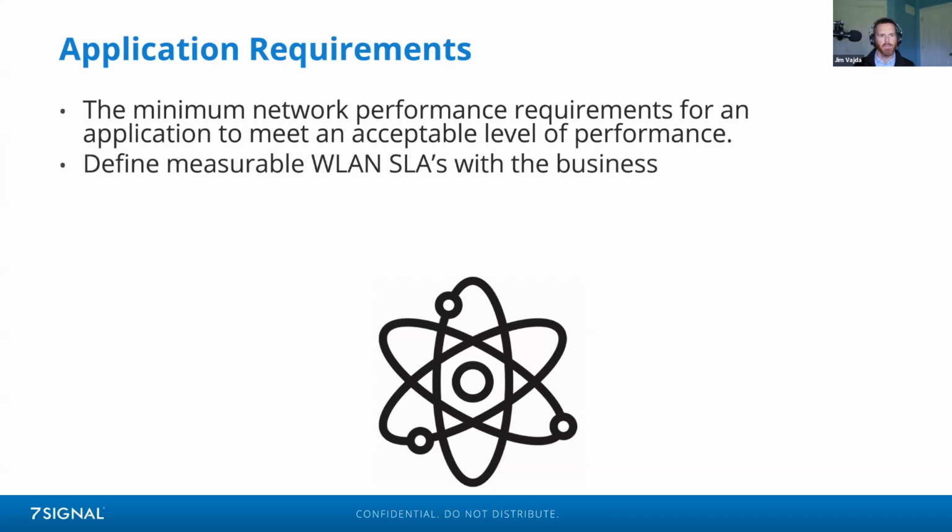And that's very useful because now you've got a measurable SLA that you can measure quantitatively against to see if your Wi-Fi network is meeting the business's needs or not.